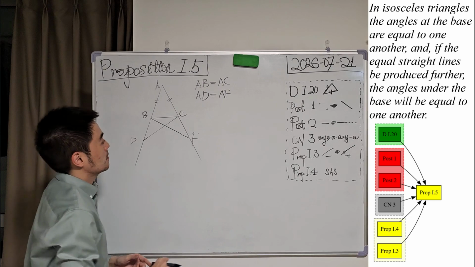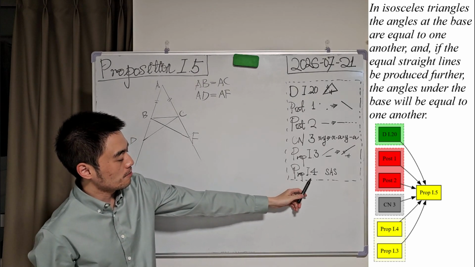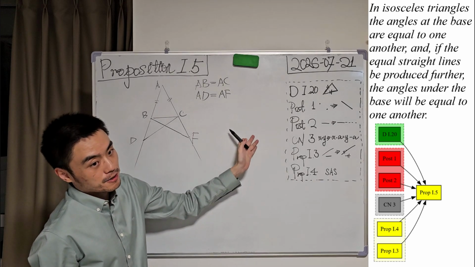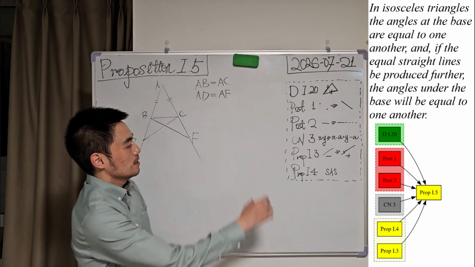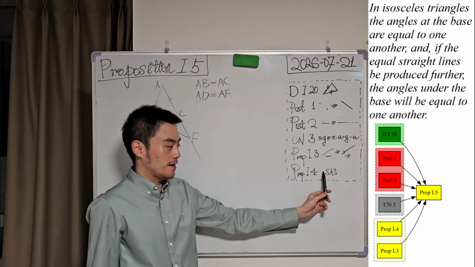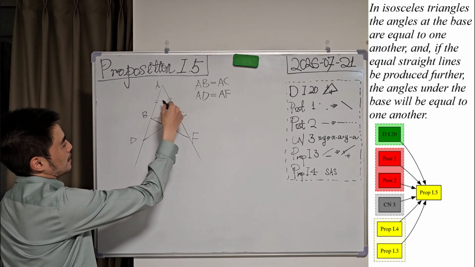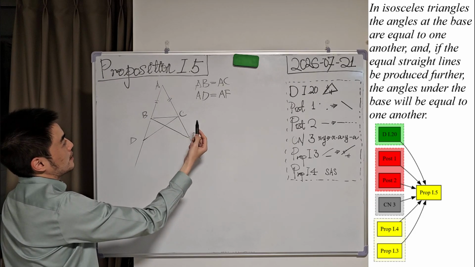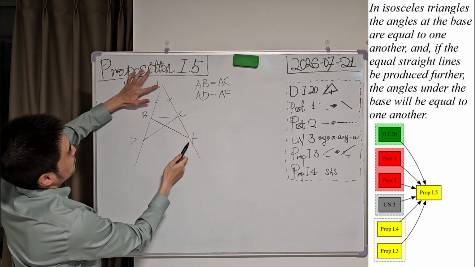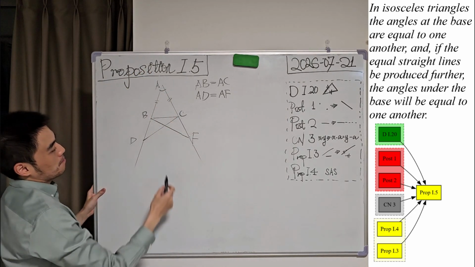And in the next step, please recall proposition 4. We know that if two triangles have this relationship, equal side, equal angle, equal side, then these two triangles are equal, right? So please have a look at this figure. We know that AB equals AC and AF equals AD. And this angle is shared by both of them.